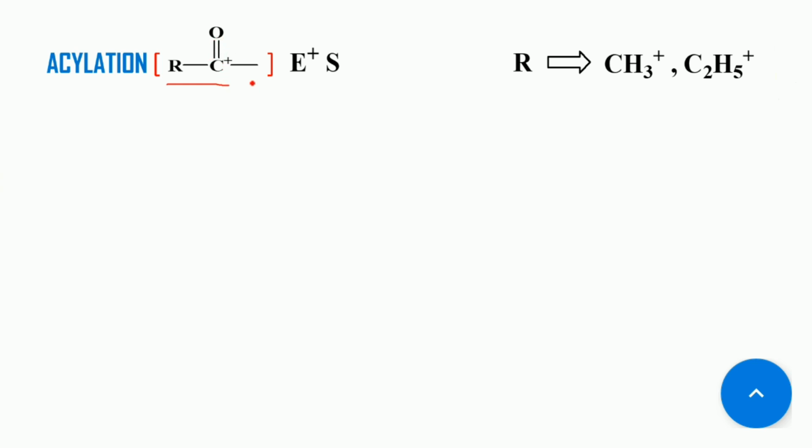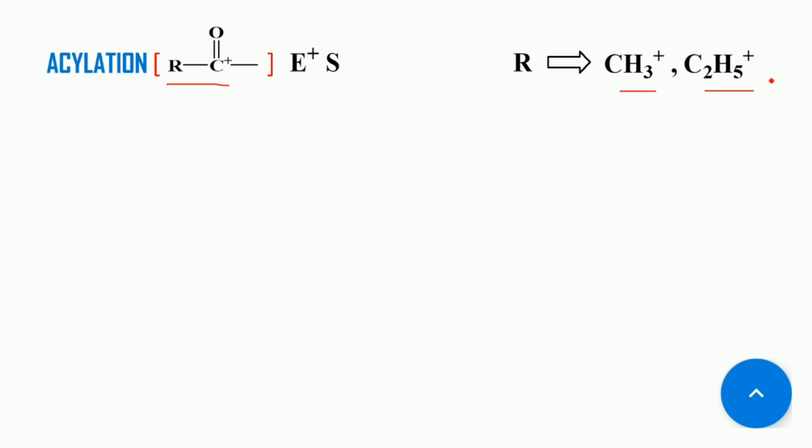Okay, so this one is our electrophile for Friedel-Crafts acylation of benzene. Now this R value is supposed to be any hydrocarbon group, like CH3, C2H5, and it goes on.